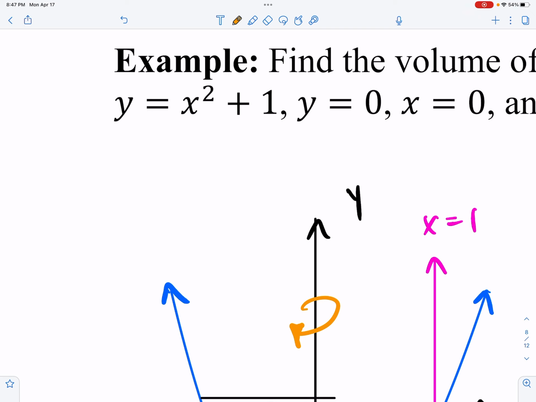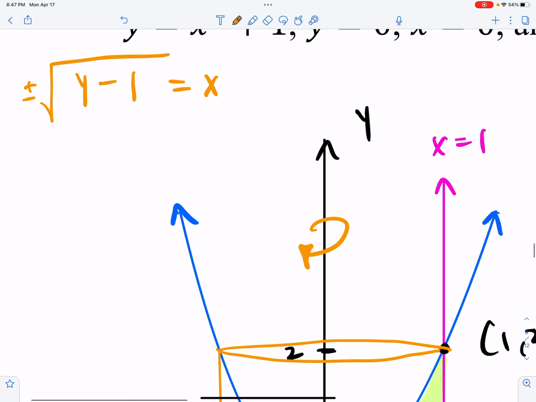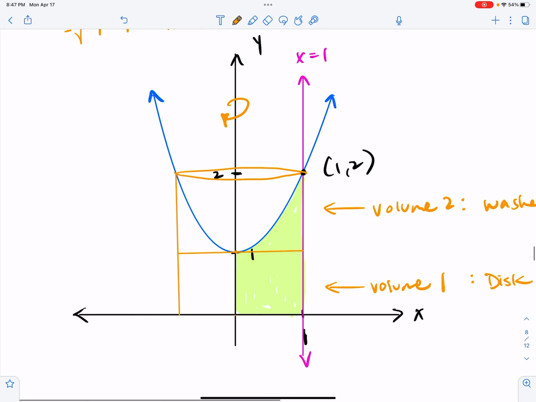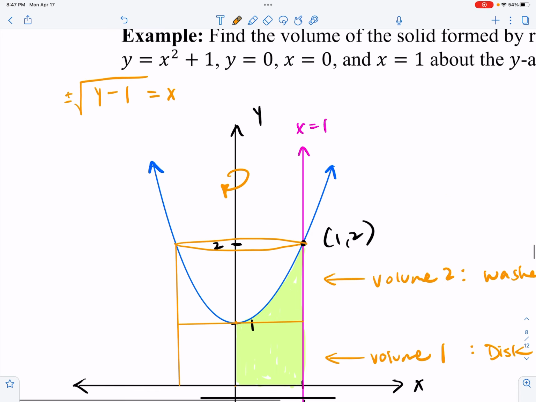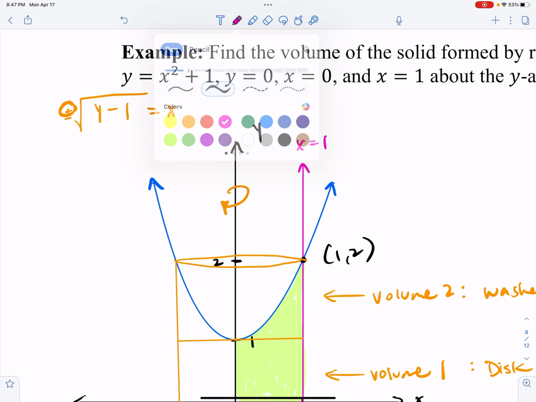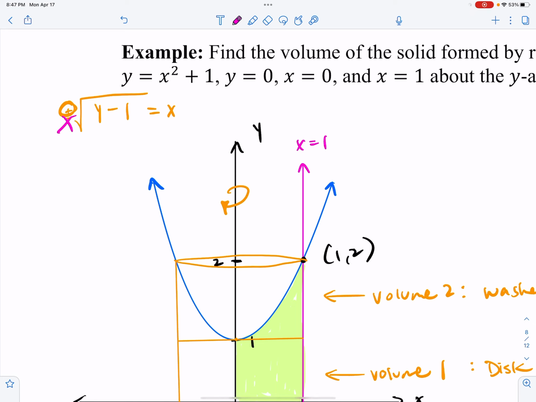So that would be x equals plus or minus the square root of y minus 1. But since the region is on the positive x-axis side, we only need the positive. We don't actually need the negative.